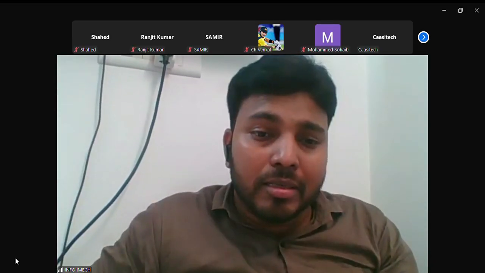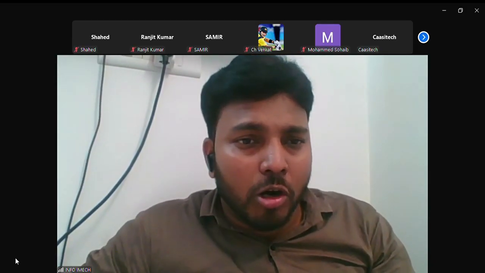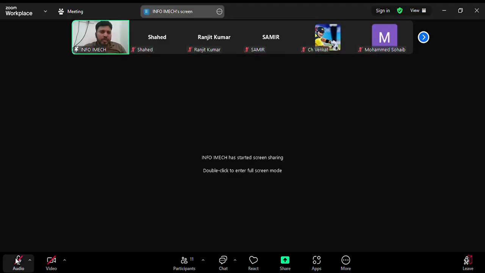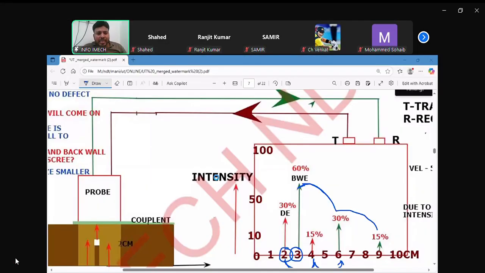But how it will be solved: when your probe is sending sound, consider your probe is sending 100%. Of that 100%, 60% the back wall is taking, 30% the defect is taking, and consider the remaining 10% is loss.